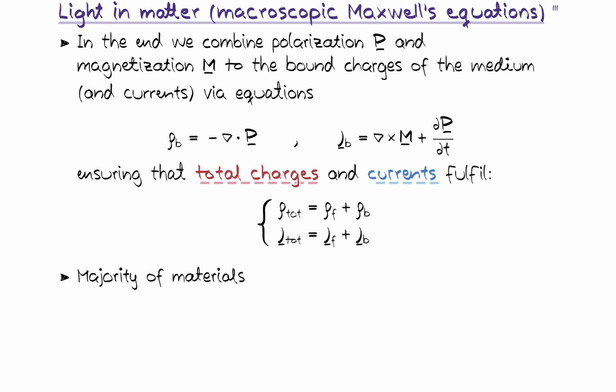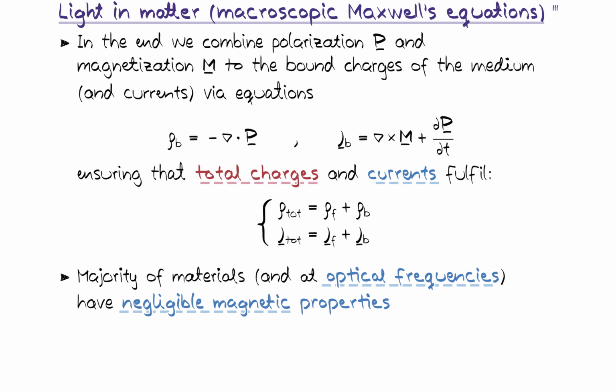For most of the materials we're interested in terms of optics and photonics, and especially at optical frequencies, they have very small, negligible magnetic properties. Yes, I was able to pronounce that difficult word here.